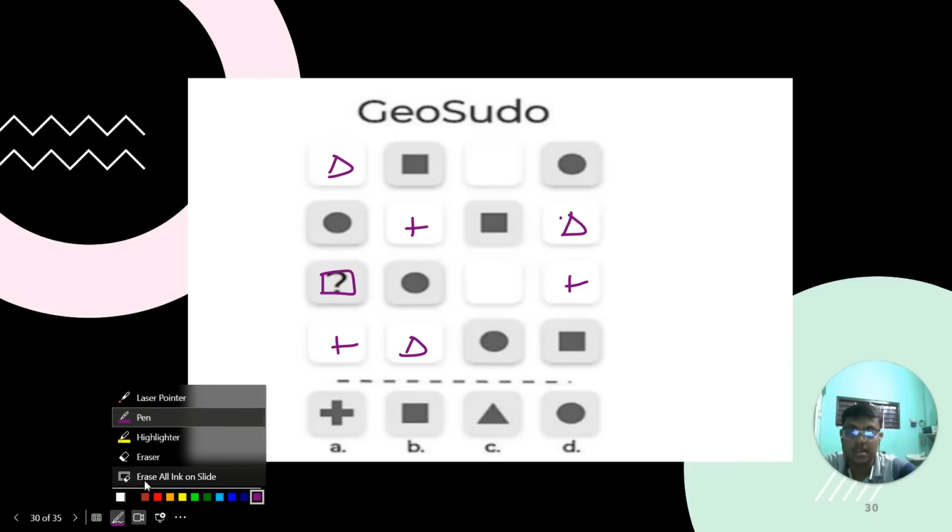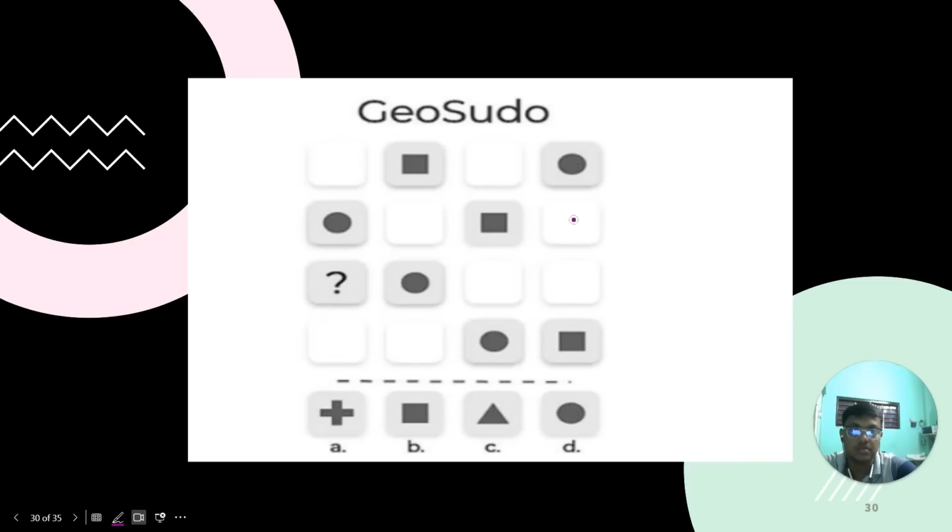Now if I reverse the symbols, if I place plus here and triangle here, you would have triangle here and plus here and triangle here. So the only symbol that can come here is plus, and square would be here. So as you could notice, if we reverse these two symbols, the final answer is square. So our correct answer would be square.